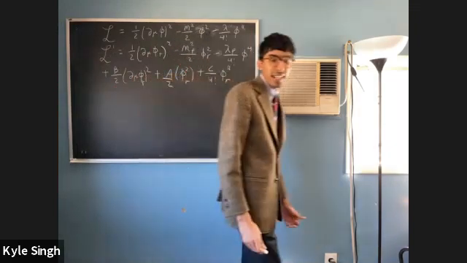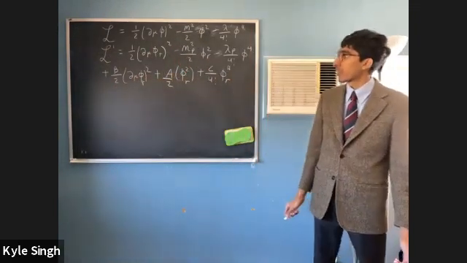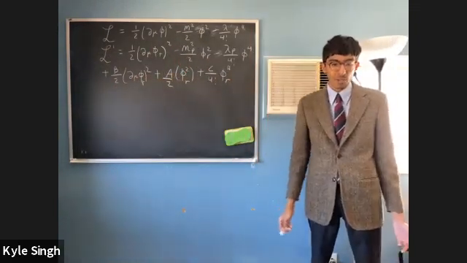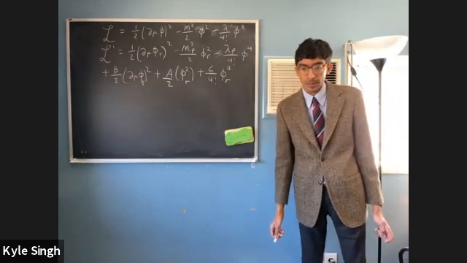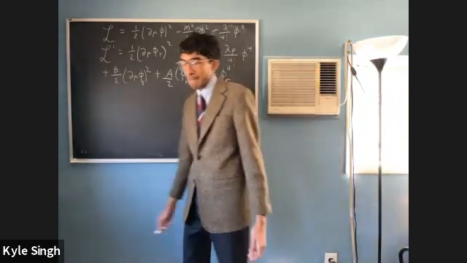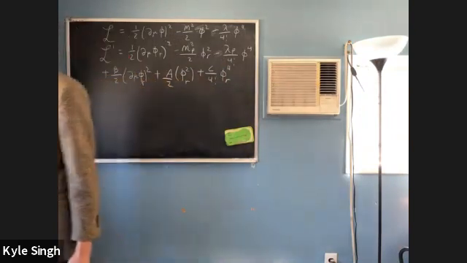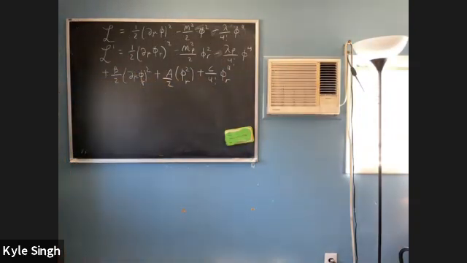Okay, so this would be the standard form of a renormalized Lagrangian, right? Just the general form, where phi sub r are the renormalized fields.